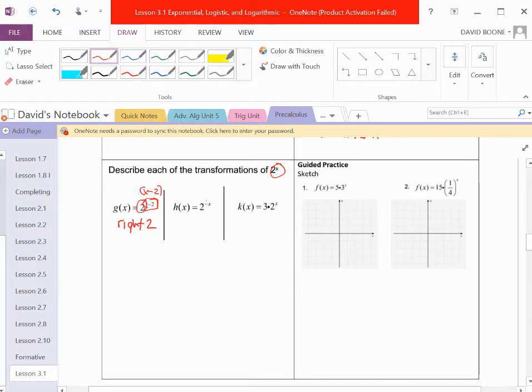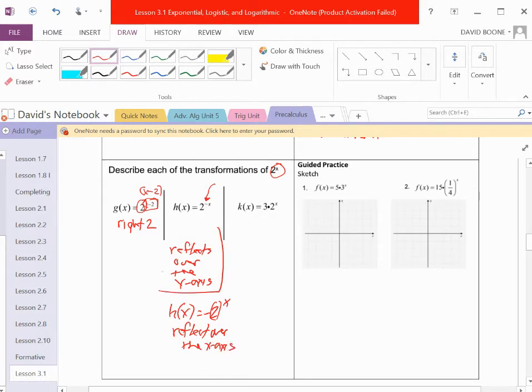Here, I've just got that negative inside there by the x. So remember, when it's inside with the x, it reflects over the y-axis. If it was out front, and if I had something like h of x equals negative 2 to the x, that the negative was out front like that, that would reflect over the x-axis.